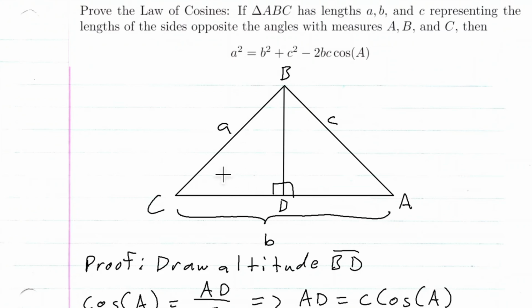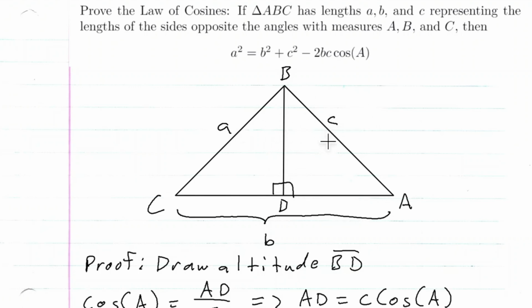Now, for my Pythagorean theorem, I want CD squared plus BD squared equals a squared, right? So what I can do is use sine of A to find BD in terms of this side length c.